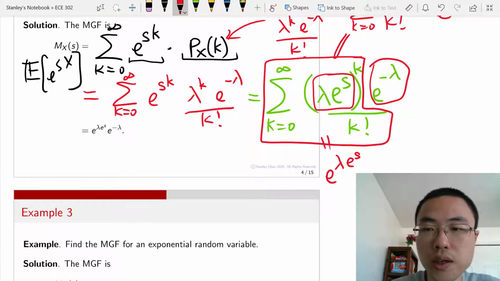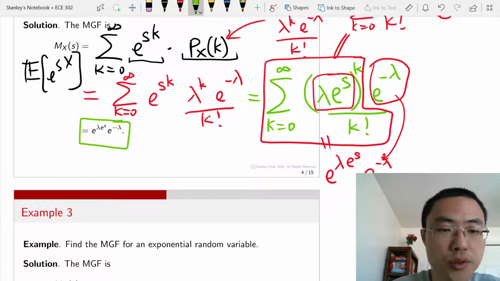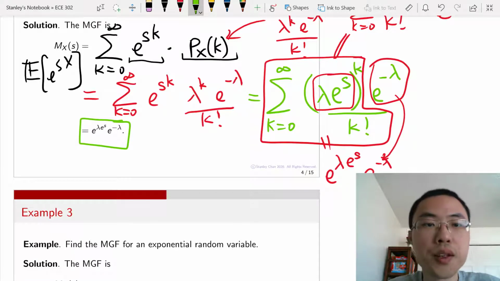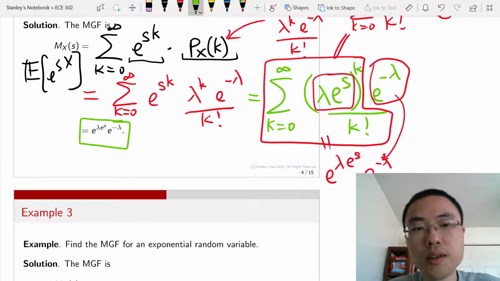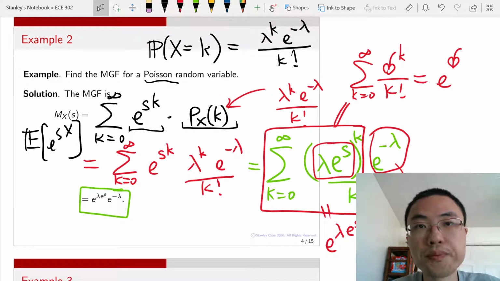And I also have this term over here, so you have e to the minus lambda. That's why the solution of this problem is e to the power lambda times e to the power s, and then e to the minus lambda. This is a little bit complicated, but the derivation process, I hope, is not too difficult.